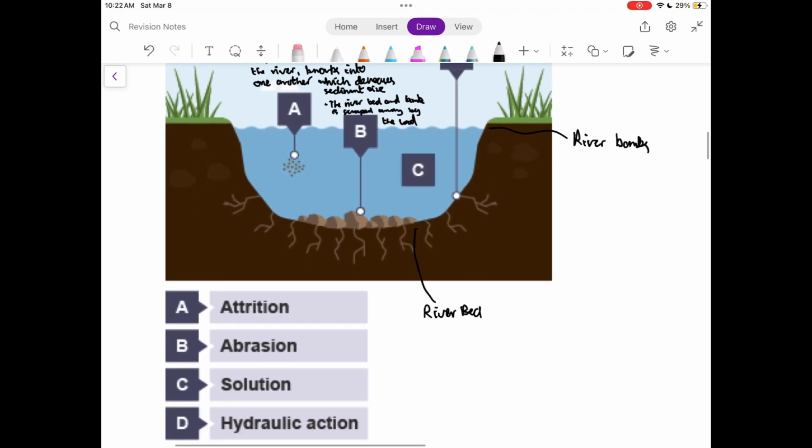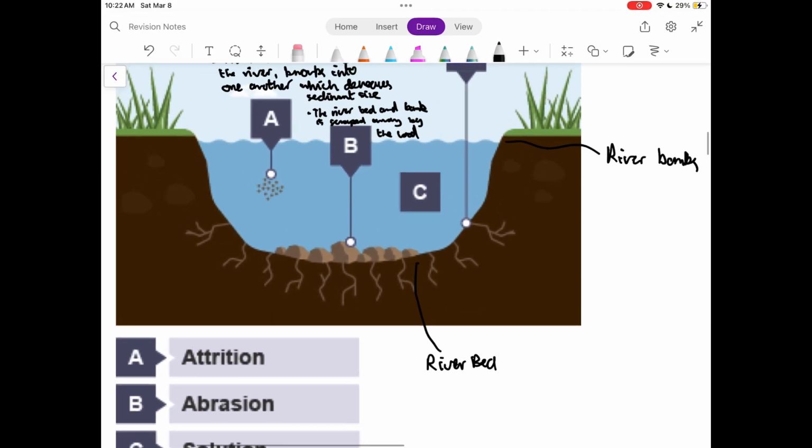Okay, so next thing you need to know is solution. So this is when sediment is dissolved due to the high pH, or you could say high acidity of the water.